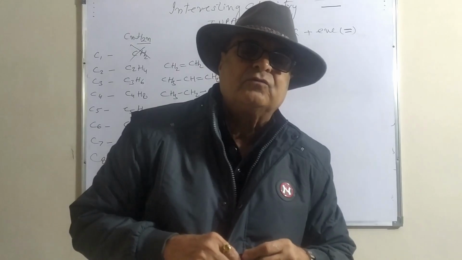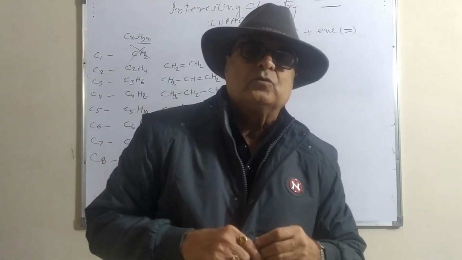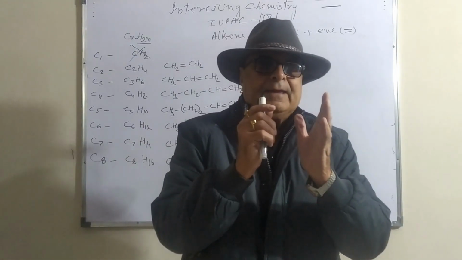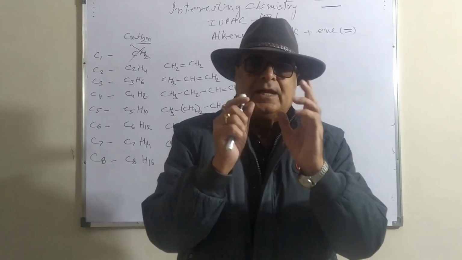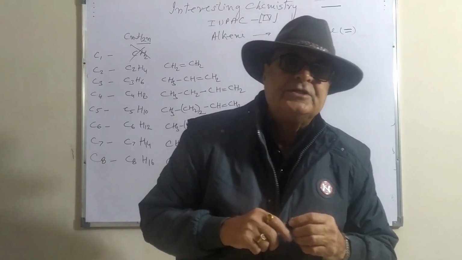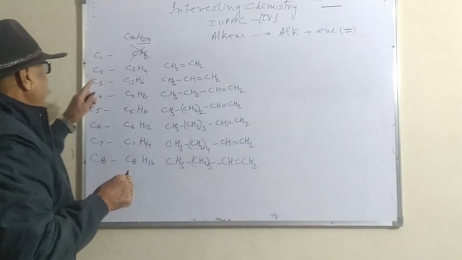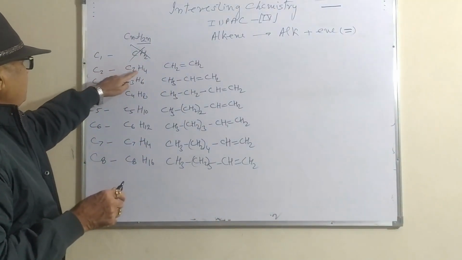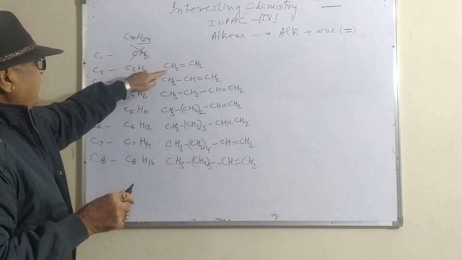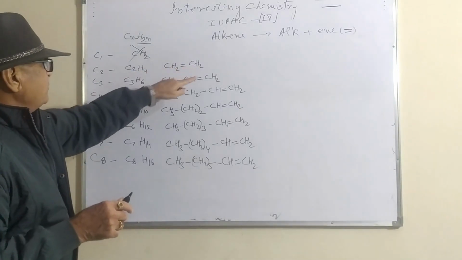One carbon atom can't form an alkene, because to make a double bond at least two carbons are needed. When carbon is 2, hydrogen will be 4, and the structure will be CH2=CH2.